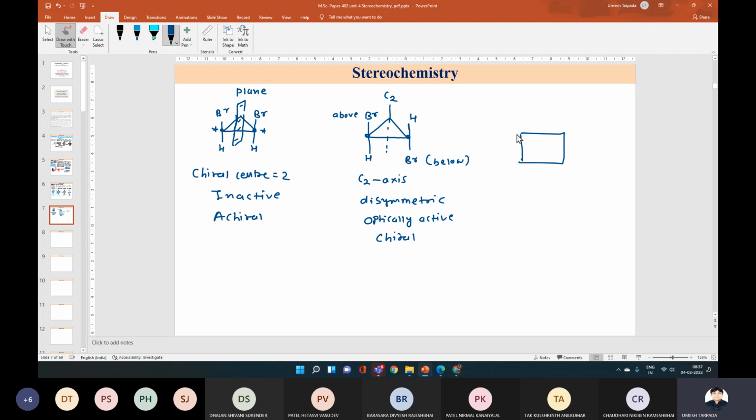What about cyclobutane? See, I write down these two here, the plane shown by a dark line. Writing a dark line means both are on the front side, dash and wedge projection. Is this molecule optically active? Yes or no?